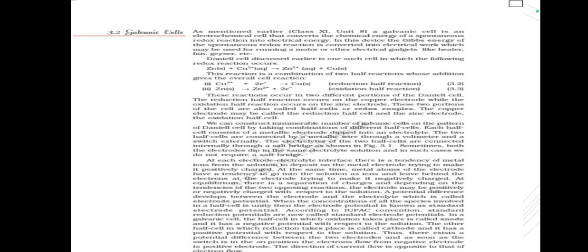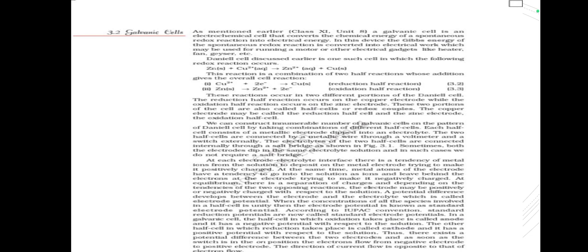When the concentrations of all the species involved in a half cell is unity, the electrode potential is called the standard electrode potential. According to the IUPAC convention, standard reduction potential is also called standard electrode potential. In a galvanic cell, the half cell in which oxidation takes place is called the anode. The half cell in which reduction takes place is called the cathode, and it has a positive potential with respect to the solution.